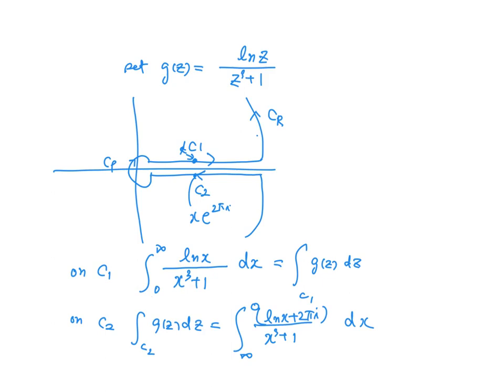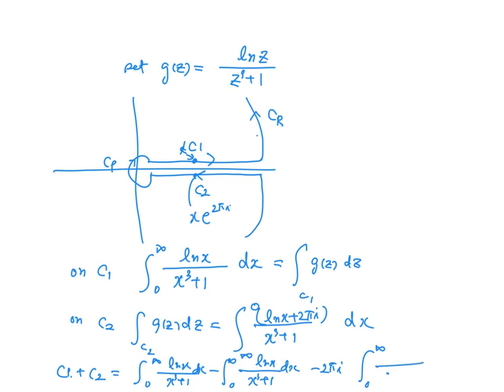So, and poles. So C1 plus C2 becomes C1, C2 is what? 0 to infinity, ln x over x cubed plus 1, minus 0 to infinity, ln x over x cubed plus 1 dx, minus 2 pi I times the integral of 1 over x cubed plus 1 dx, right?